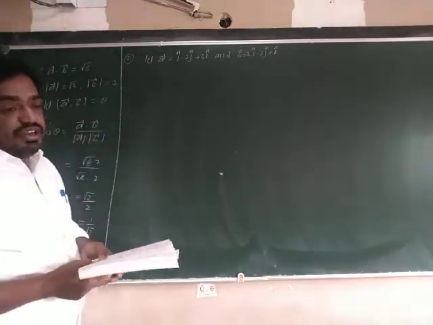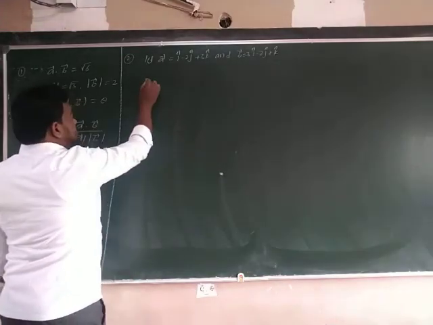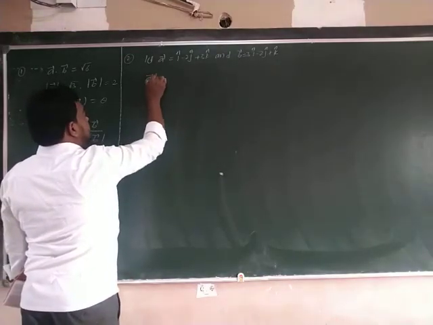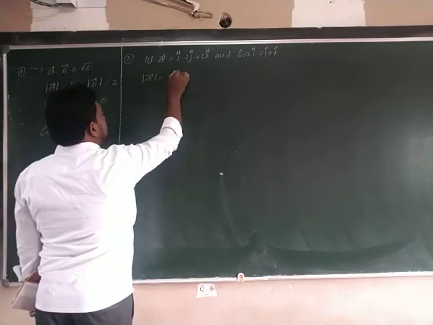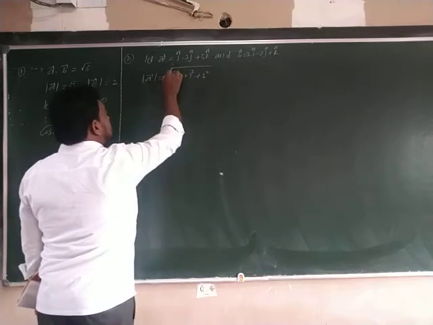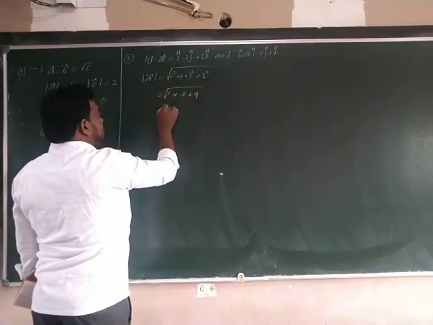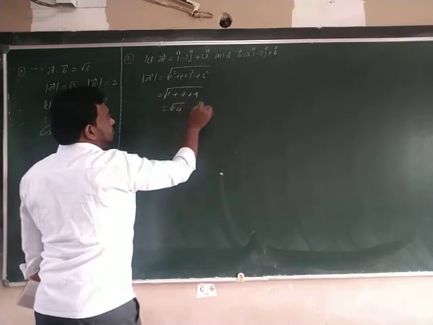So what are we finding here? The angle between the vectors. First you find the magnitude of A. This is the square root of 1 square plus minus 2 whole square plus 3 square, which is 1 plus 4 plus 9. The total value is root 14.